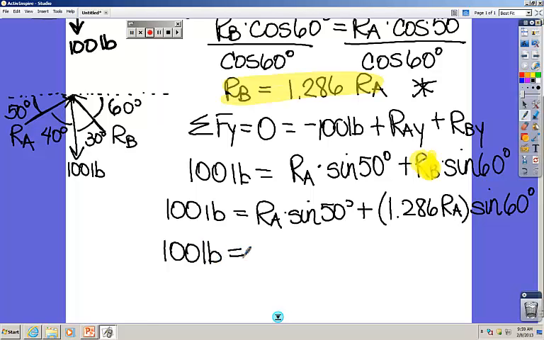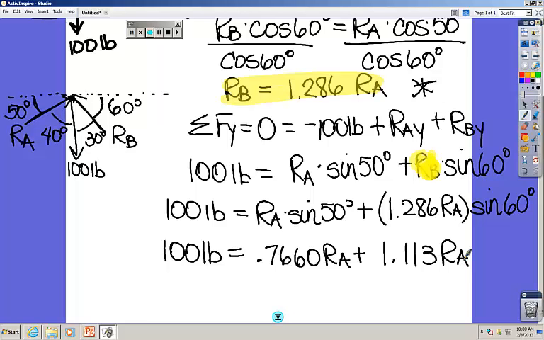So now we do some math on our calculators here: 0.7660 RA plus 1.113 RA. That's when I take 1.286 and multiply it times sine 60.